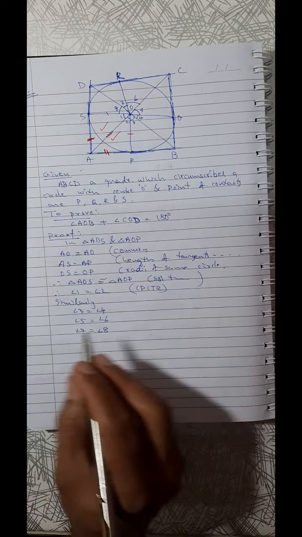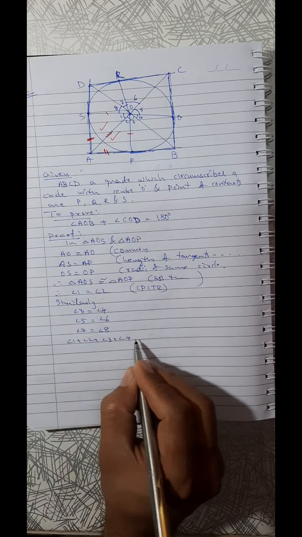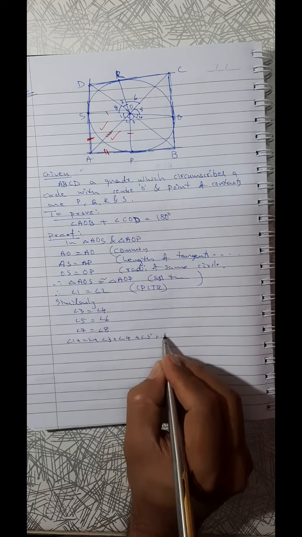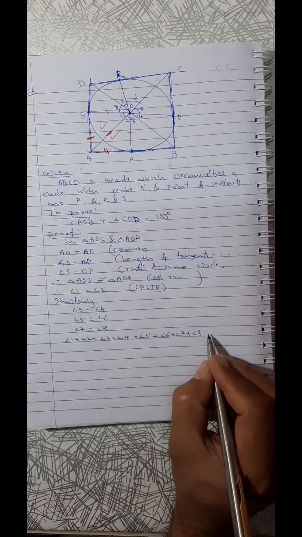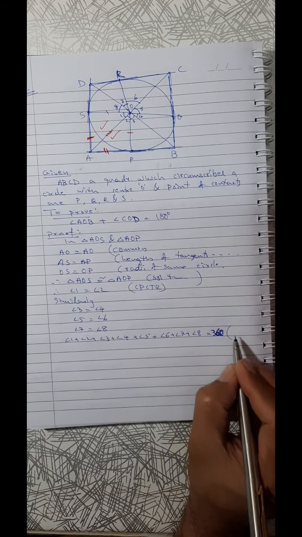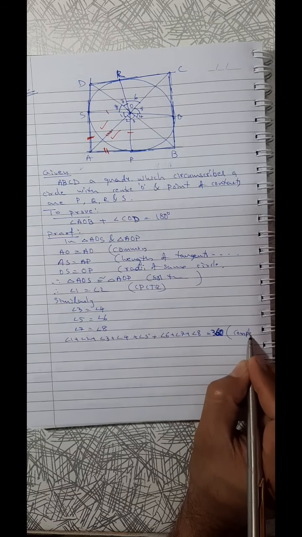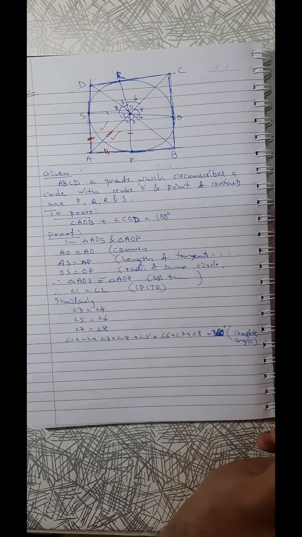Now we can say angle 1 plus angle 2 plus everything together equals 360 degrees. What is the reason? Complete angle. Otherwise we can say sum of all angles around a point.